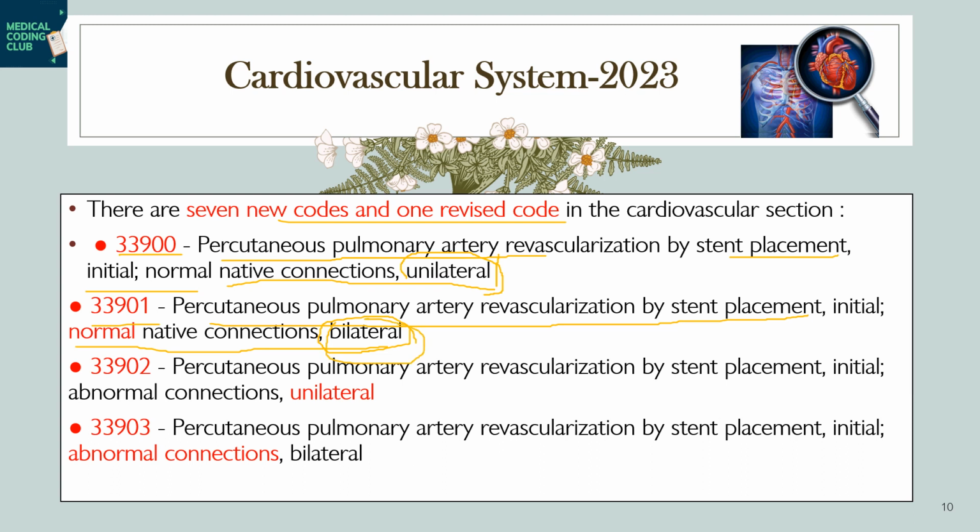Coming to 33902, percutaneous pulmonary artery revascularization by stent placement, initial, abnormal connections, unilateral, and 33903 will be abnormal connections, bilateral. So we have to remember 33902 is abnormal connections unilateral, and 33903 is abnormal connections bilateral.